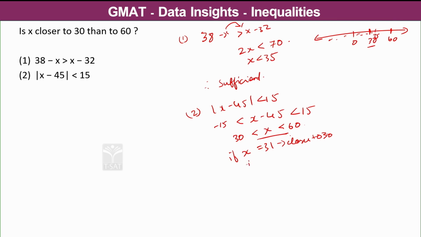But if x is equal to 59, that is also lying in this region, but it is closer to 60. Therefore, you cannot definitely say whether it is closer to 30 or to 60. Therefore, this statement alone is insufficient to answer the question.